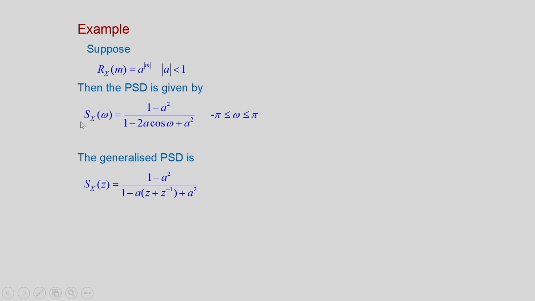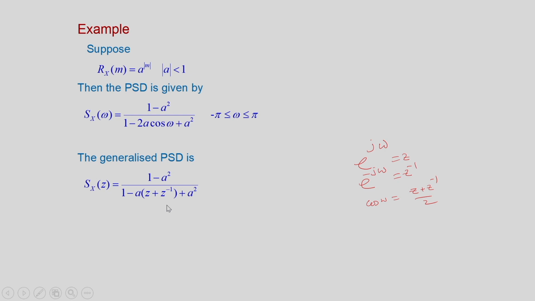This is the power spectral density, and we can convert it into the generalized PSD by putting e to the power j omega equal to z, and e to the power minus j omega equal to z inverse. If I add both, then cos omega will be z plus z inverse divided by 2. So, that way we get this relationship.